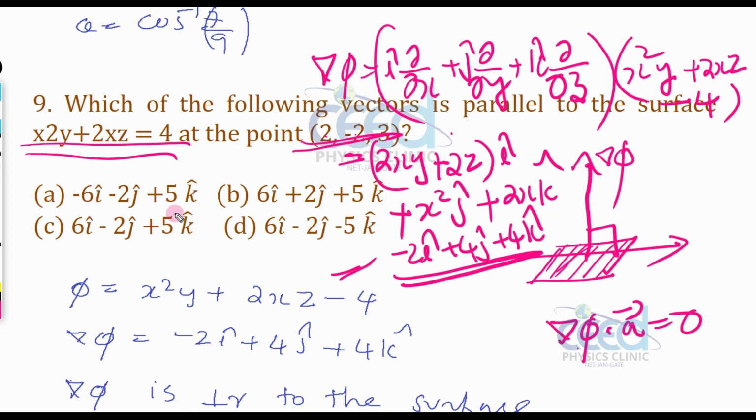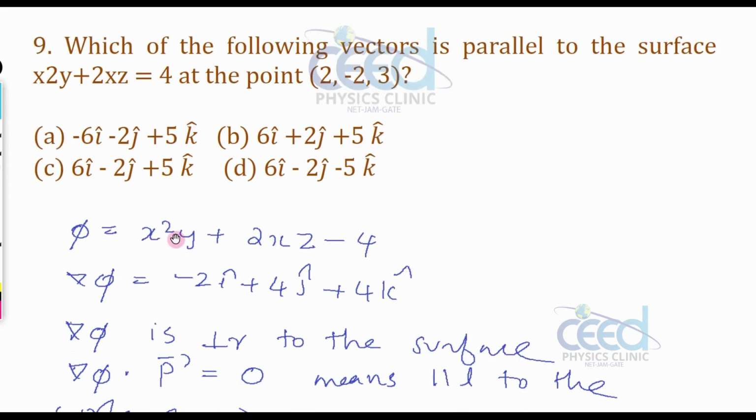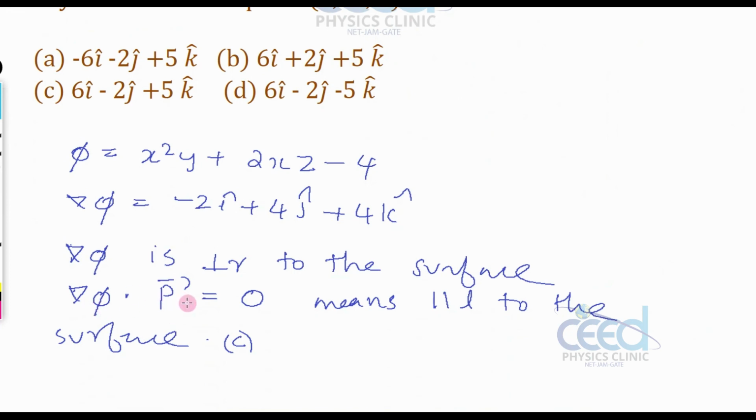You find the dot product with each option and see which one is 0. So here the answer is del phi dot p equal to 0. The c vector has dot product 0 with this gradient phi, so c is the answer. So this is all about the first problem section. In the next session we will do some more problems. Thank you.